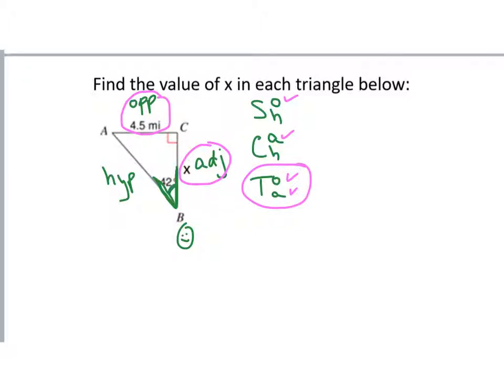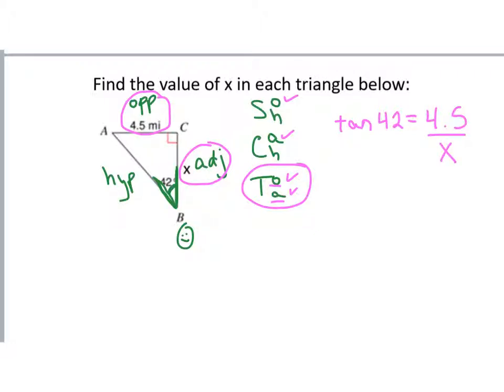So when I set up my trig equation, I say tangent of the angle 42 degrees equals opposite on top, adjacent on the bottom. So opposite is 4.5 and adjacent is x. Okay?